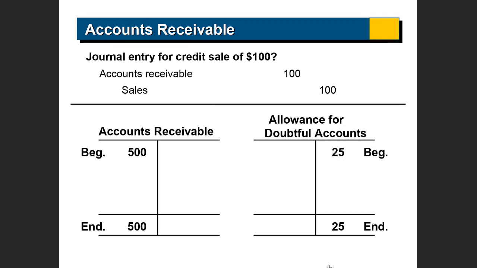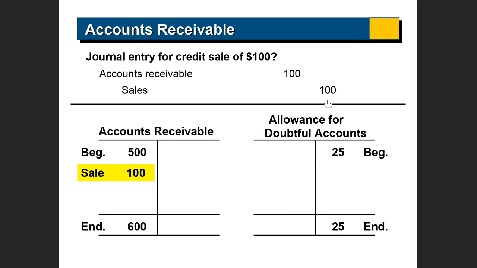So what are we going to do to the accounts receivable account? We're going to add $100 in debit, right? Are you following? The entry to do this is debit to accounts receivable. Remember, we have credit to sales.